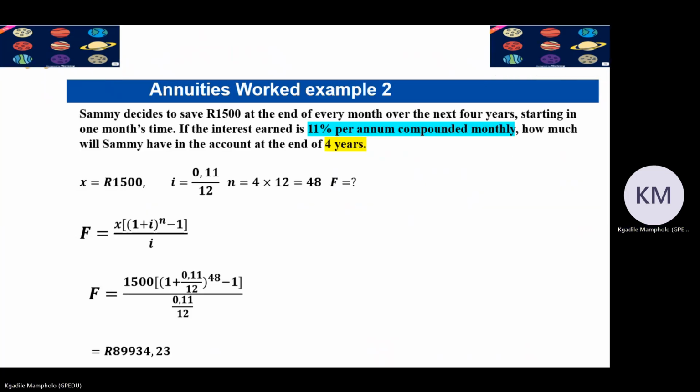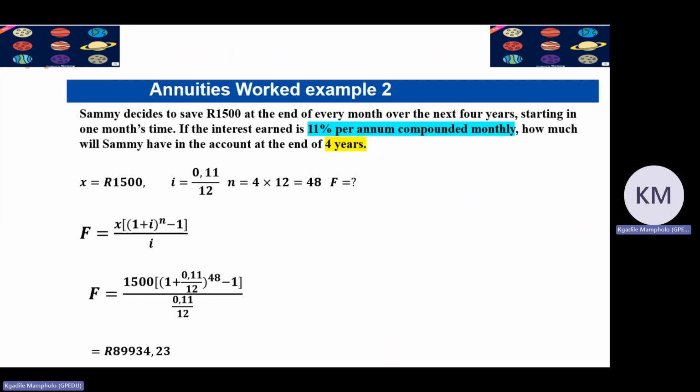So it means everything will be the same except that N will just be 48. So it means now here it says 48 because it started in 1 month's time. So it means you made 48 payments out of 48 months. Then you substitute and get the answer.